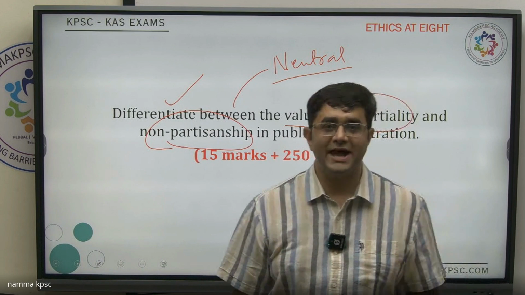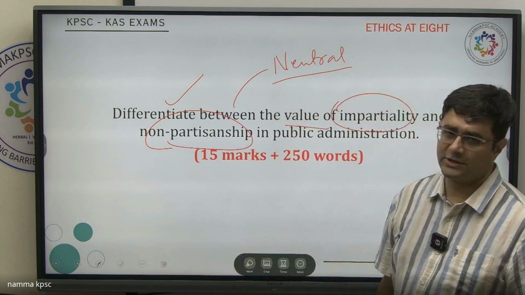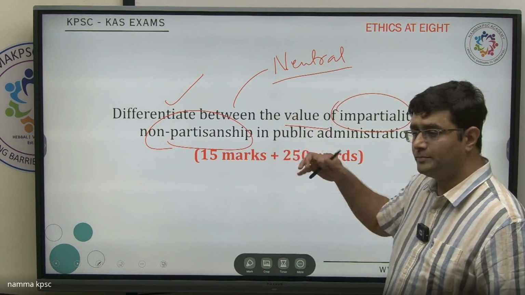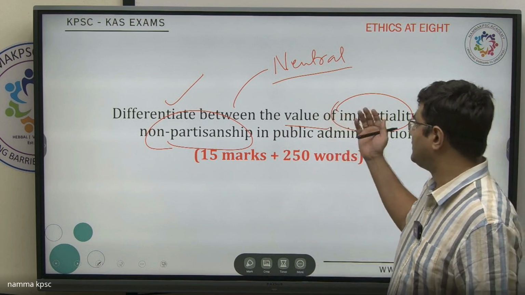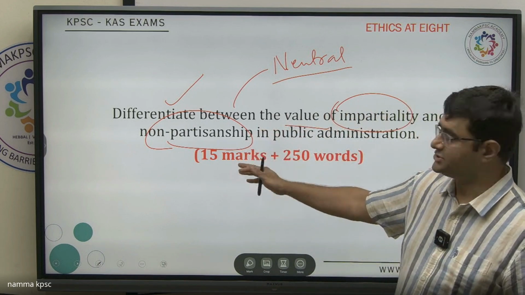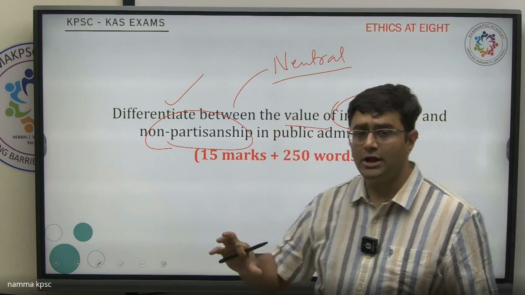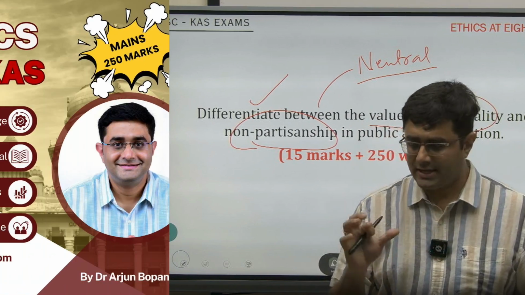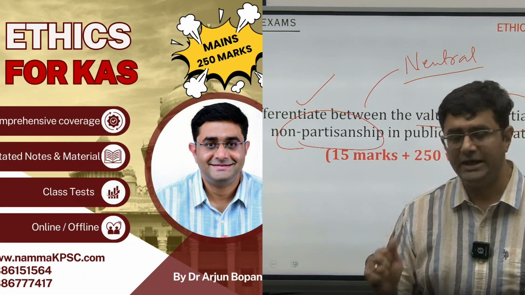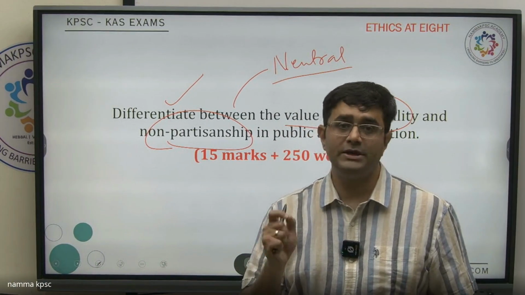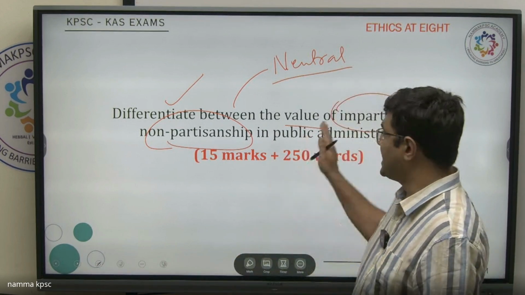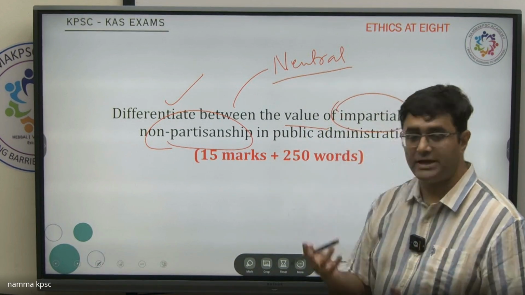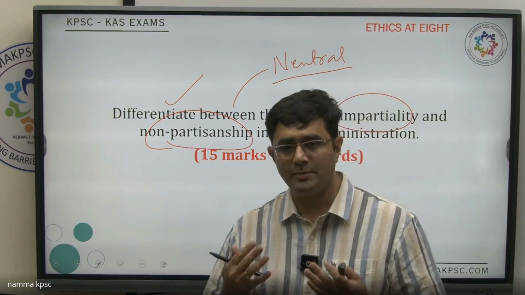I hope you have written the answer for this question. As I told you, you need to bring out the difference between the two values of impartiality and non-partisanship. Both are essential to achieve neutrality. A civil servant, a public administrator needs to be neutral. To be neutral, one needs to be impartial and one needs to be non-partisan.